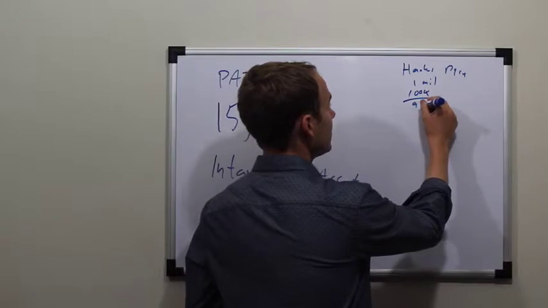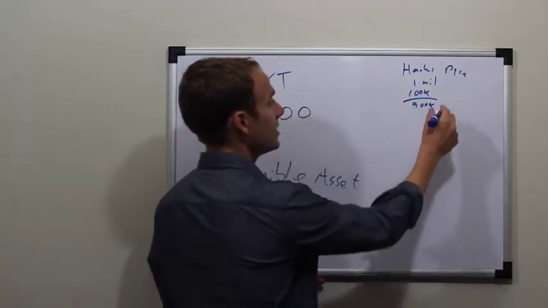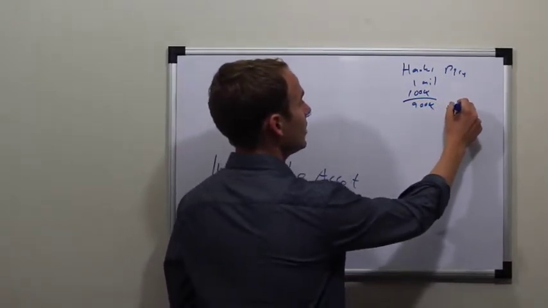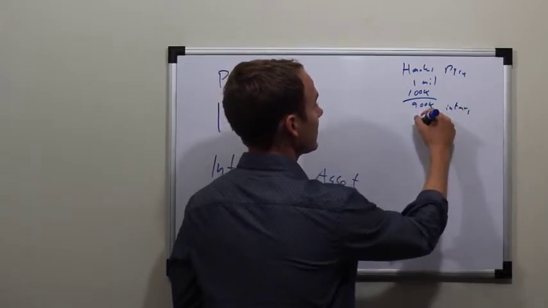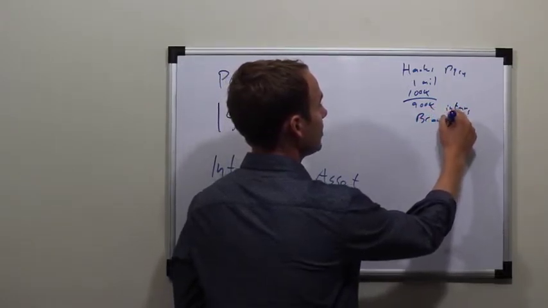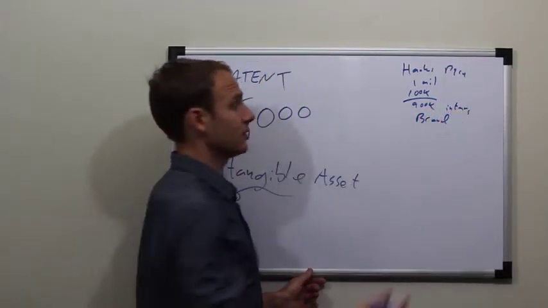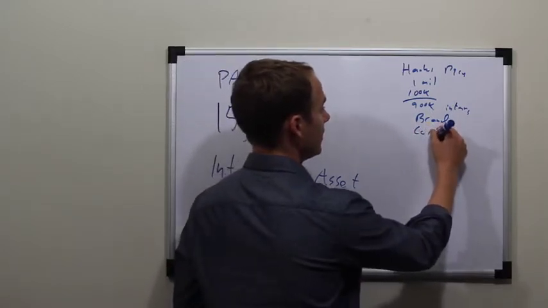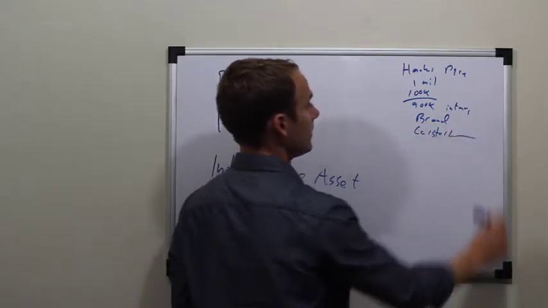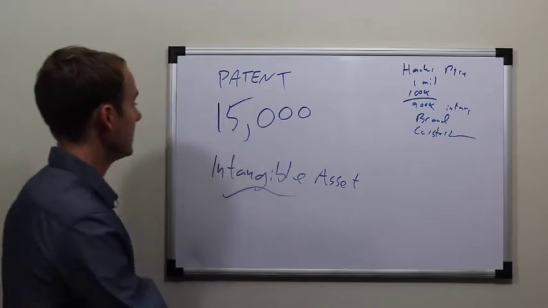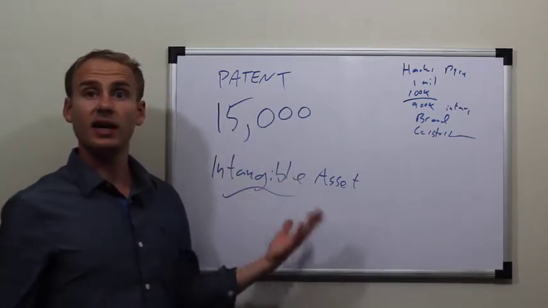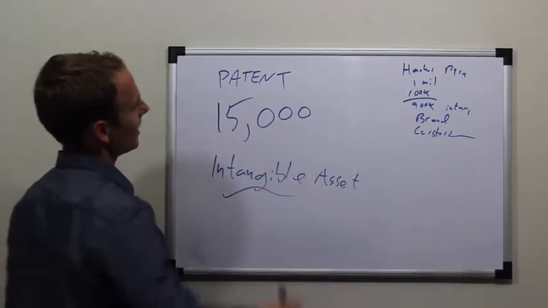The $900K difference becomes an intangible value. You're buying things like the brand. You're buying things like customers. Alrighty? So, in a business purchase, intangible properties can occur. And that's what will probably happen for most people.